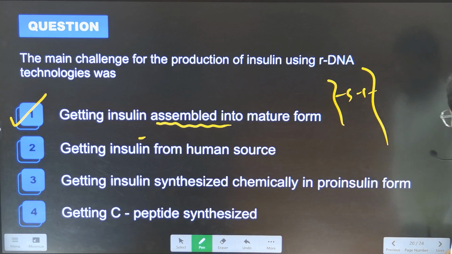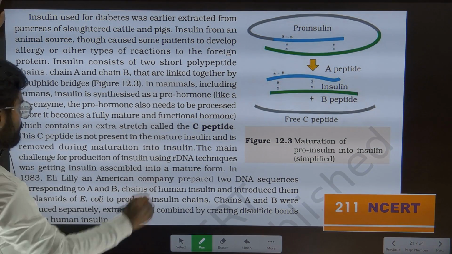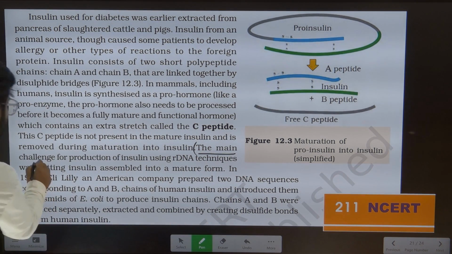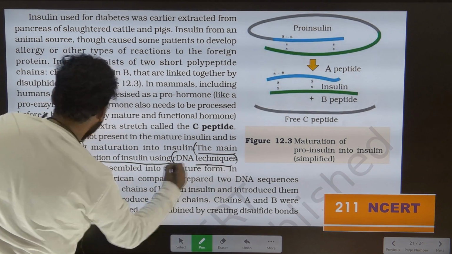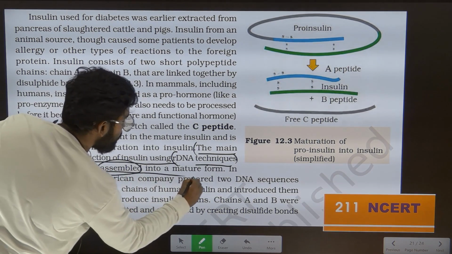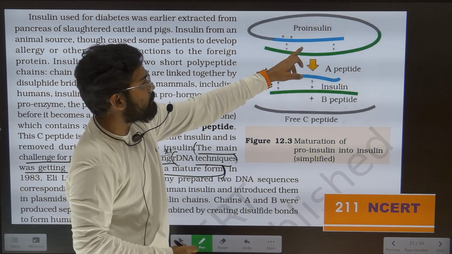This part is also present in your NCERT book. In your NCERT it is given that the main challenge for the production of insulin using recombinant DNA technologies was getting insulin assembled into a mature form. Clear? If you see this diagram, it would be clear.